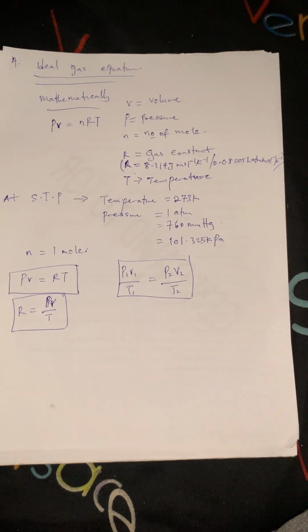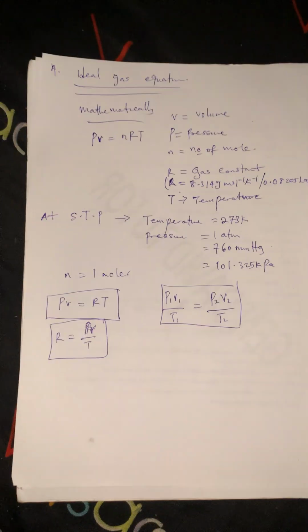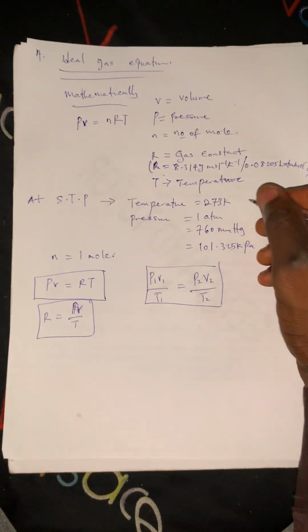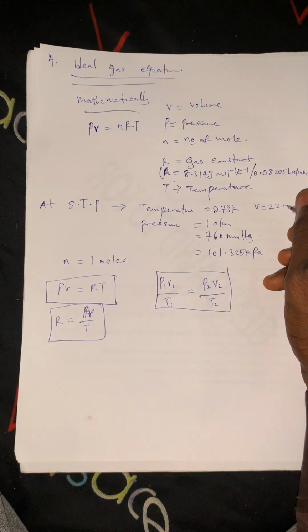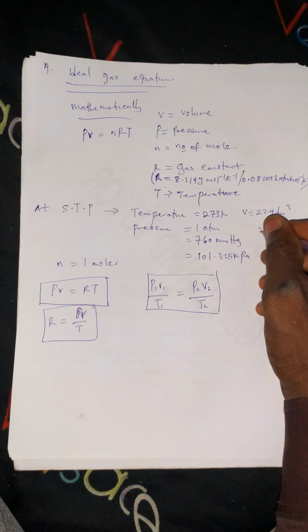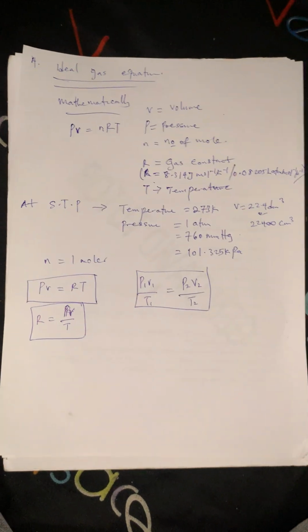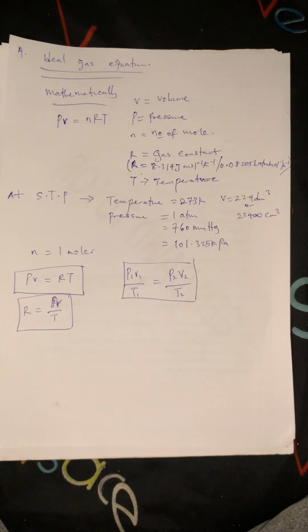And number 5, we are talking about number 5. Don't forget we have a constant volume as well. If you are given a volume, it can be 22.4 dm³ as well, or you have it to be 22,400 cm³. Volume also has a constant value.